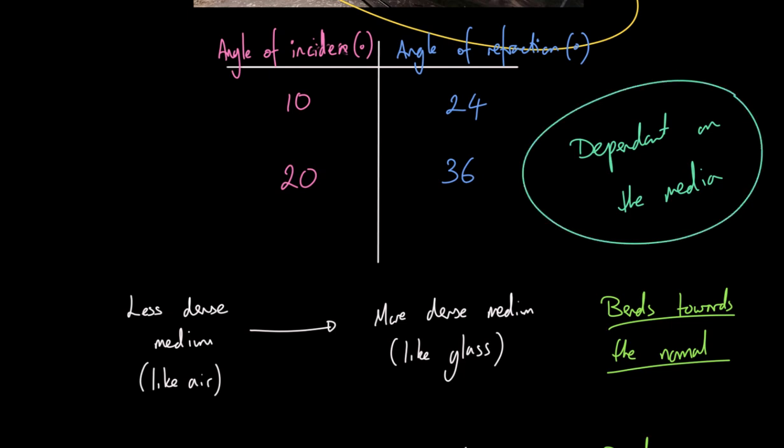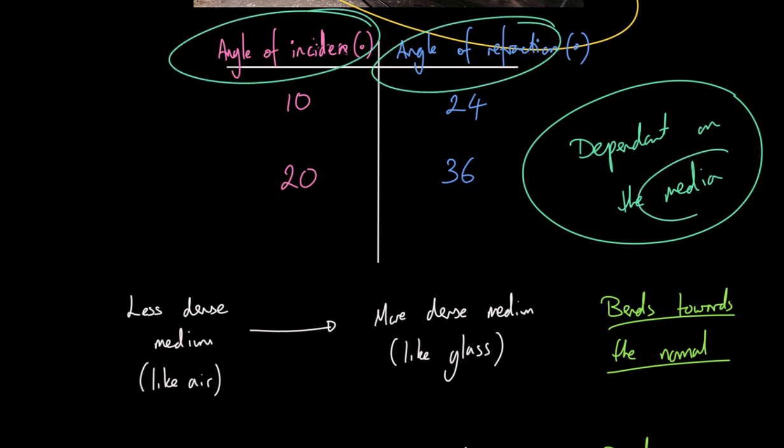So I'm assuming that air will be one of your media because you're going to be doing this experiment on planet Earth, but you might be using a perspex block, a glass block, something else exotic. I don't know. Maybe your school has got a block of diamond for you to do this with. But the exact relationship between the angle of incidence and angle of refraction will depend on the two media, what the less dense one is and what the more dense one is.